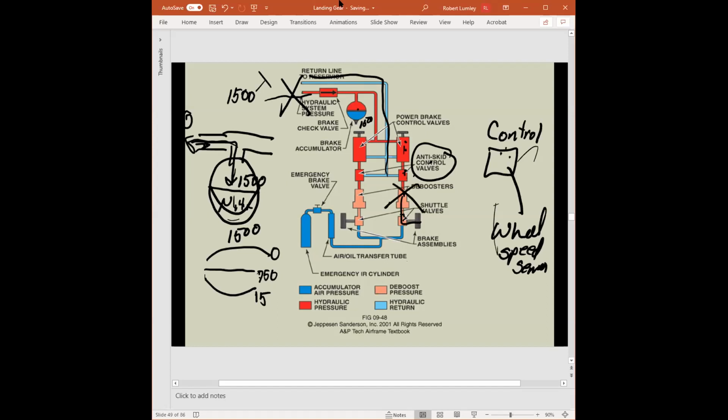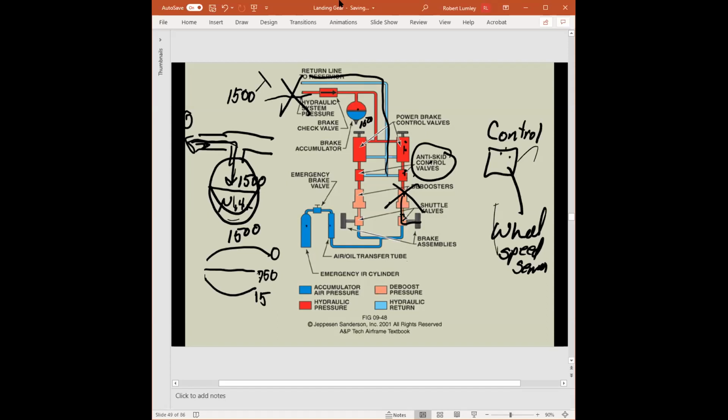But let's say we had a failure of the brake system. Then the pilot has an emergency brake valve inside the cockpit on the instrument panel, near the glare shield usually. The bottle is filled generally with nitrogen.